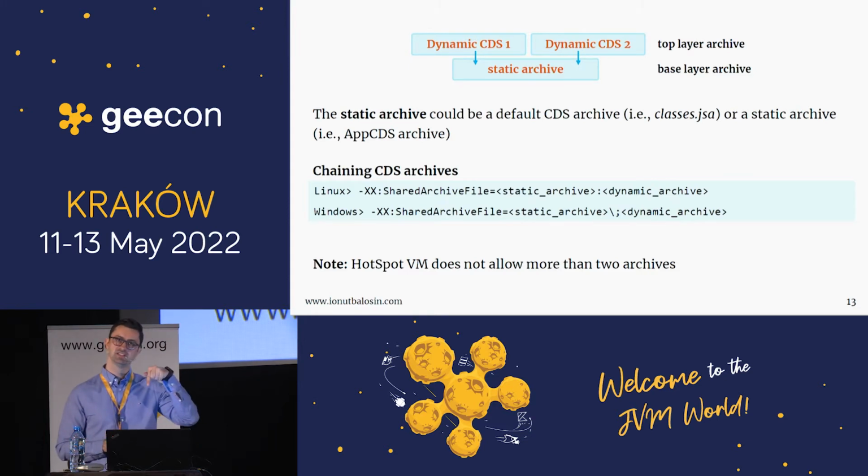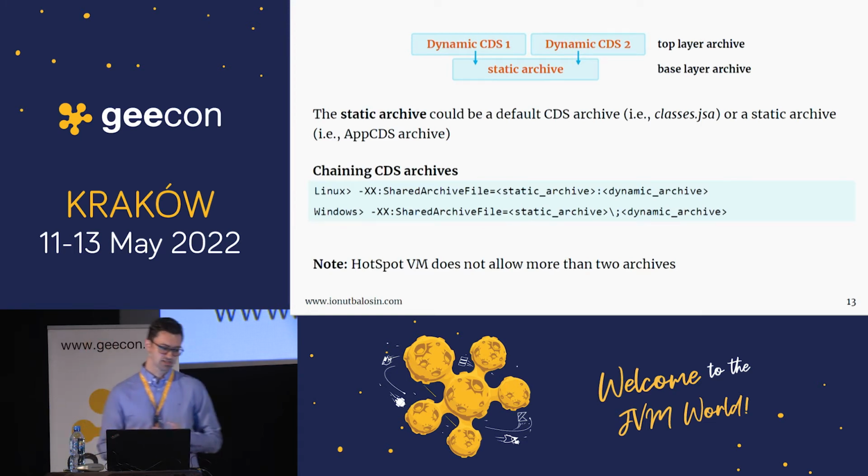Basically, the dynamic CDS refers to a base layer archive, which could be the default one, included in the JDK since version 12, as mentioned. Or you can also chain an App CDS as a base layer archive. So the mechanism is slightly flexible.